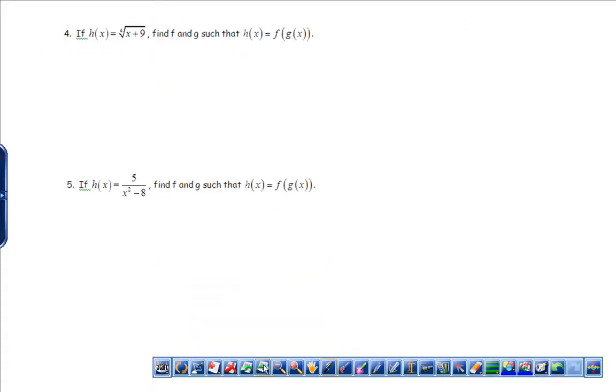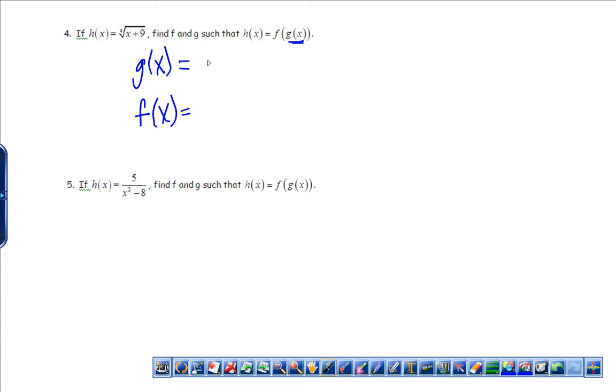See what this says. It says if h of x is this function, find f and g such that h of x is this composition. Okay, now there's a bunch of functions that we could come up with, but I'm going to try to come up with the easiest one possible. So I'm going to come up with a g of x, and I'm going to come up with an f of x. So my g of x is the inside. So what could I have plugged in on the inside to get this composition function?